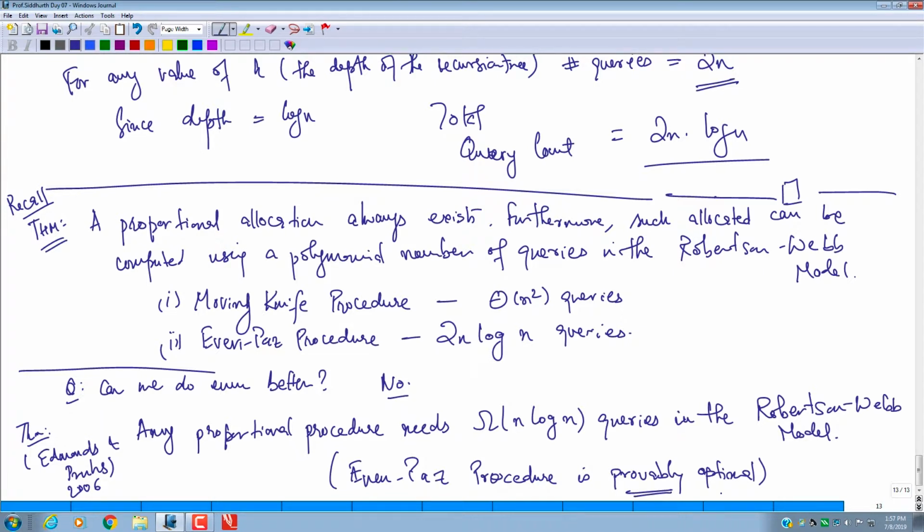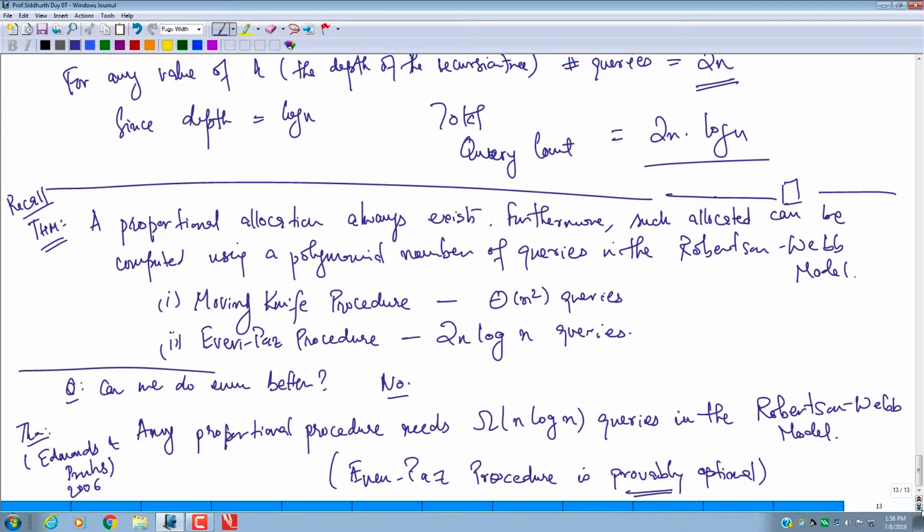You cannot develop a protocol, provably so, which outperforms this procedure in terms of the number of queries you need to find a proportional allocation. This is a very nice, tight matching lower bound. It's a day of celebration when you actually find a result where there's an algorithm and a matching lower bound. So certainly a rarity. It's a tiger sighting of sorts. So something to appreciate.